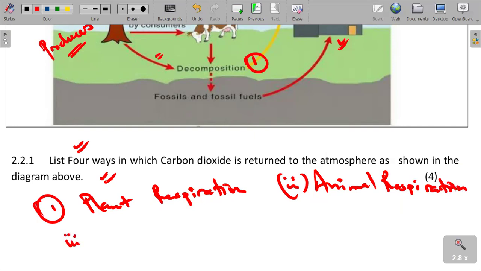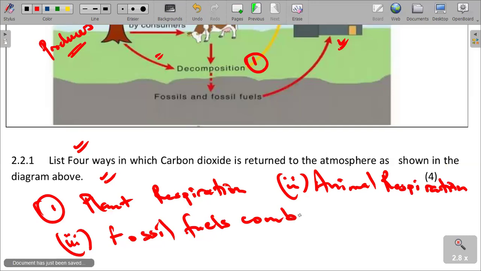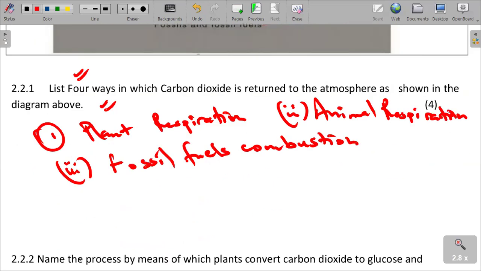Number 3, we can also talk about fossil fuel combustion. I'm just listing now. I've been marking them on the board there.